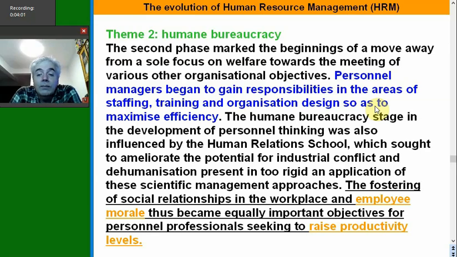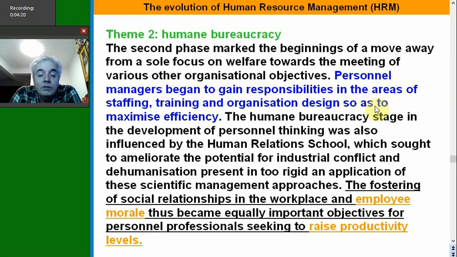The humane bureaucracy stage in the development of personnel thinking was also influenced by the human relations school, which sought to ameliorate the potential for industrial conflict and dehumanization present in a rigid application of scientific management approaches.